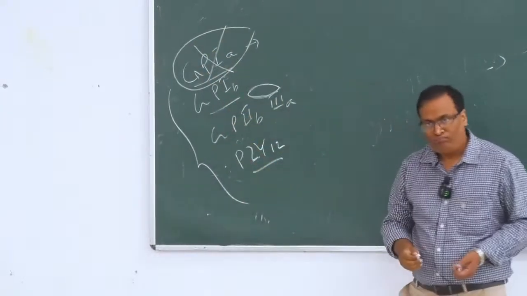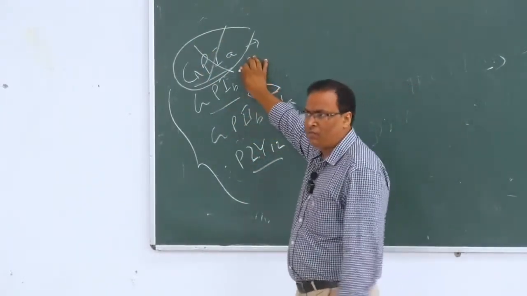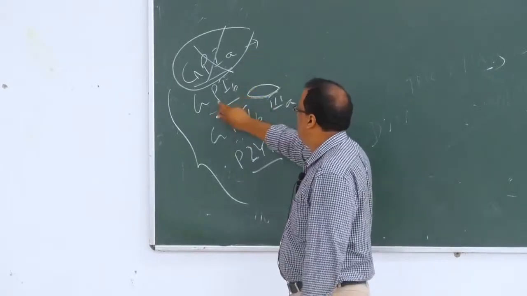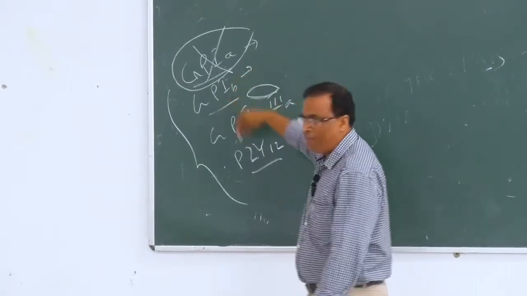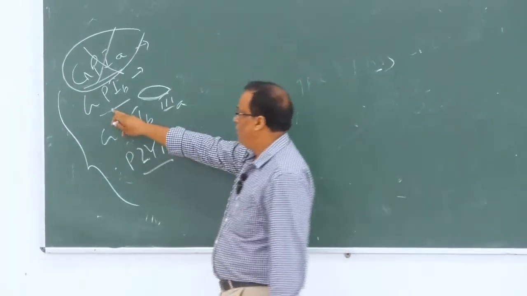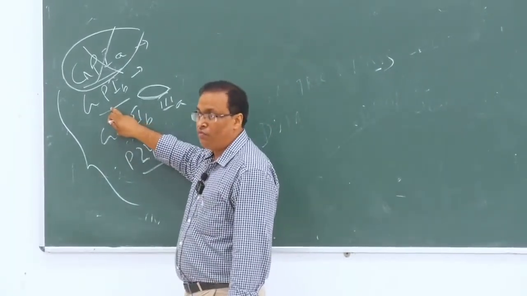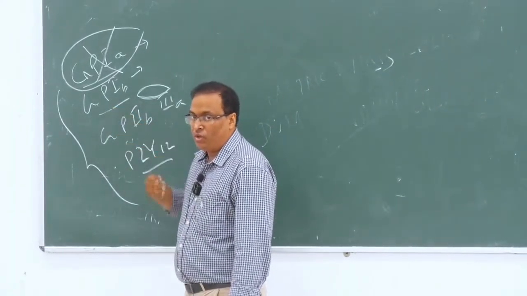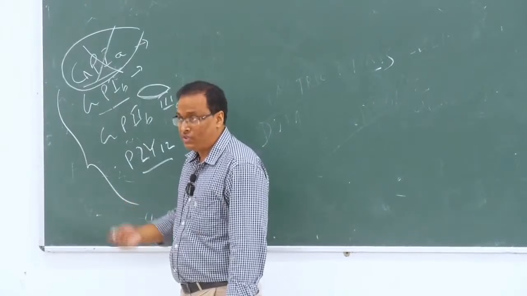Sit down, because it is no more explanatory. Now this GP1B, all are present in the platelet membranes, right? So the GP1B receptor is for the coagulation process, like adhesions.